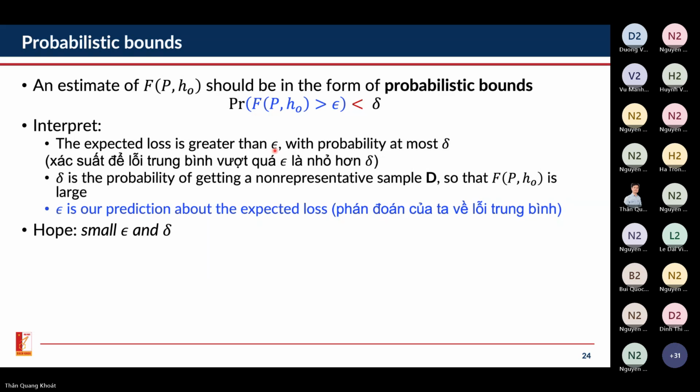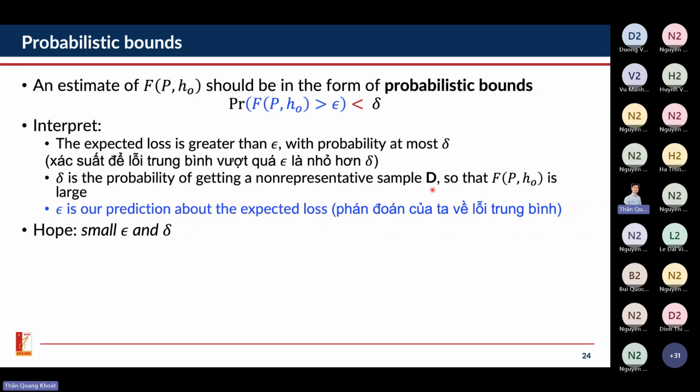That is our estimate. And of course, delta represents the probability that our estimate is wrong. Or in other words, it represents the probability that we get a very bad training set, right?